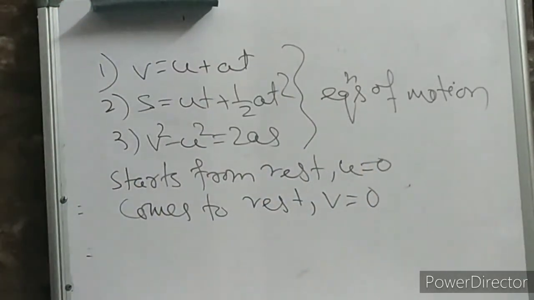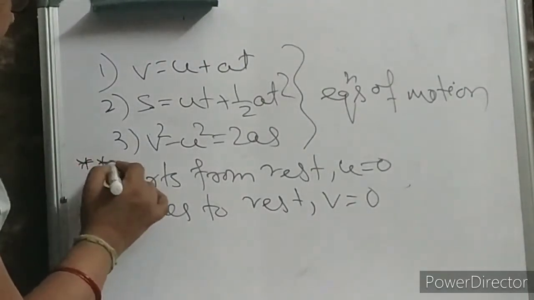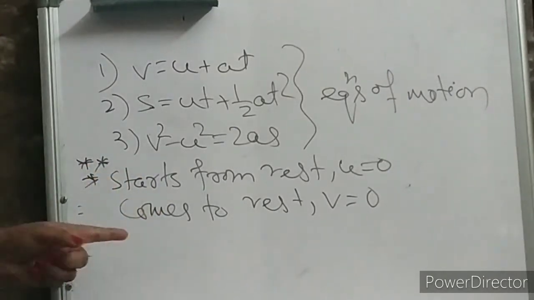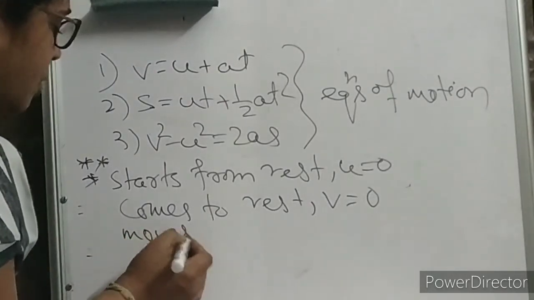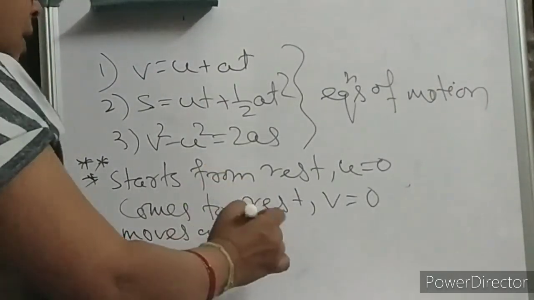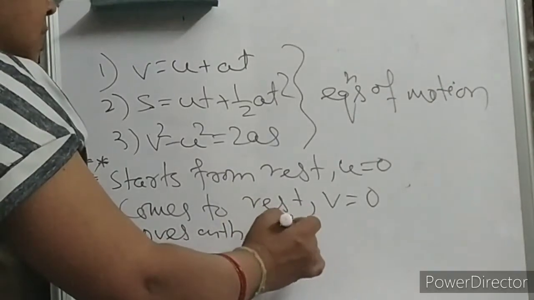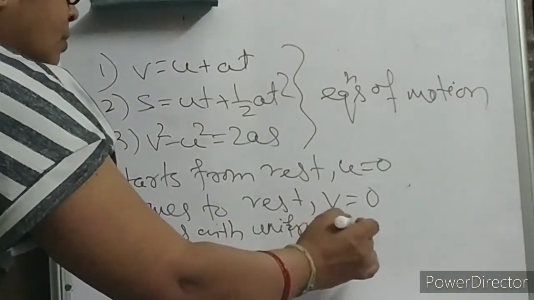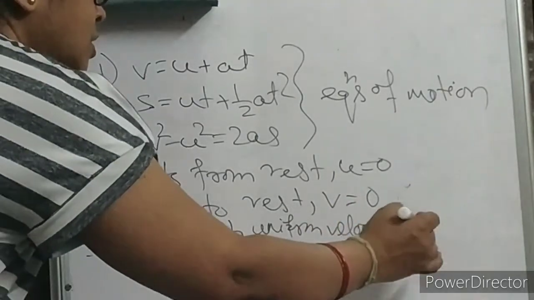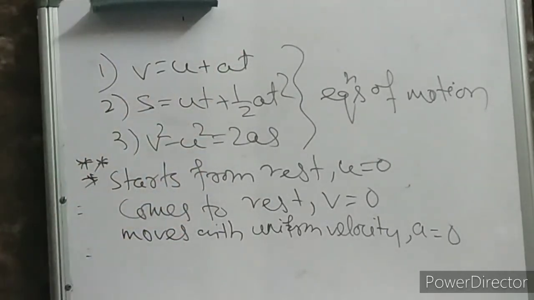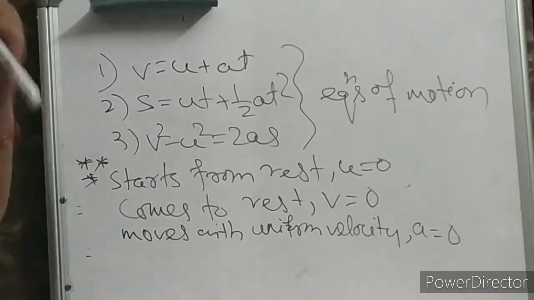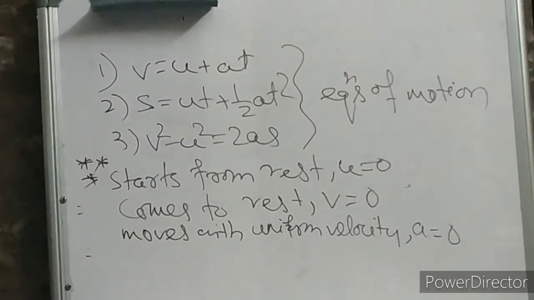And if a body moves with uniform velocity, no change in velocity, then acceleration you have to take 0. Please remember all these three points, these are the conditions. Then only you can apply it in the numericals and you will get your result.